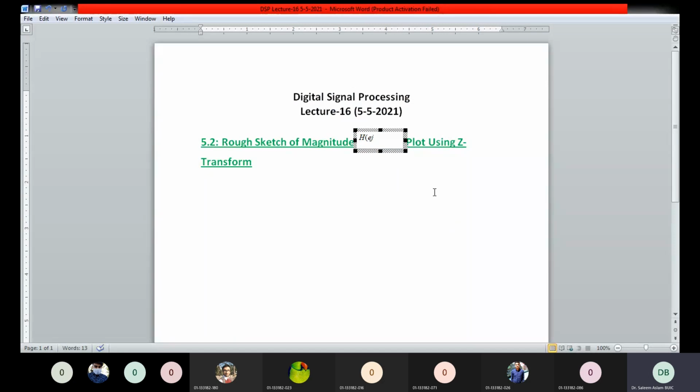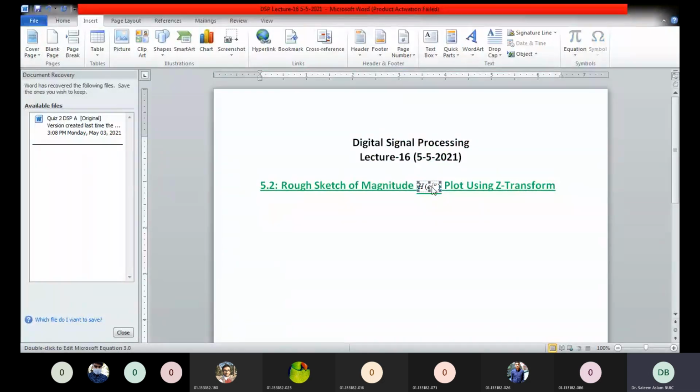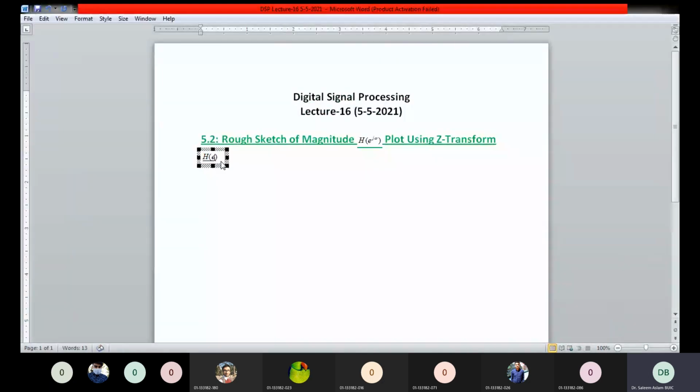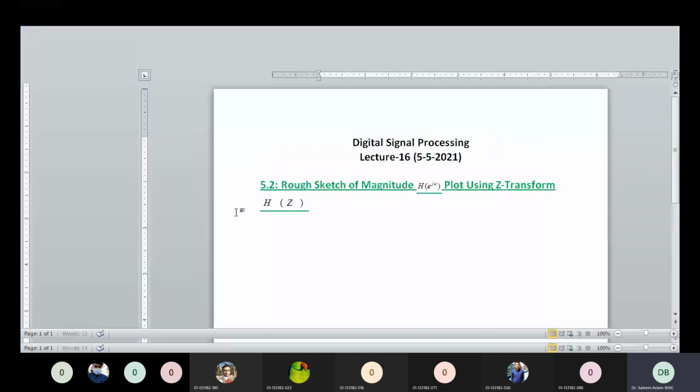We can draw it because we can exploit the relationship between the Fourier transform and the Z transform. We already have the idea about the relationship between Fourier and Z transform from chapter number 3. So we will exploit that relationship to find the rough magnitude spectra using the Z transform or using the pole zero plot.